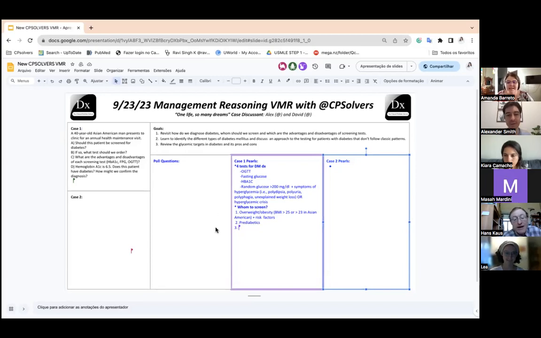So I think that when we notice a high blood glucose, whether random or fasting, which can be done quickly in the office, then we can go ahead with the A1C.